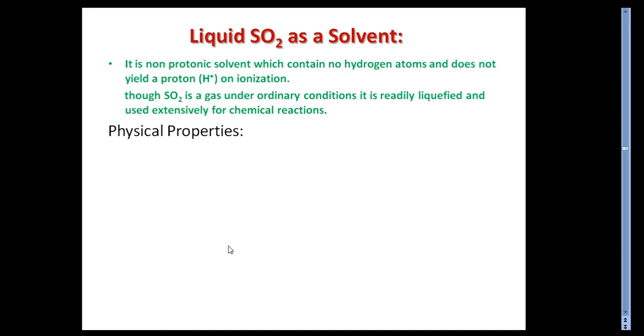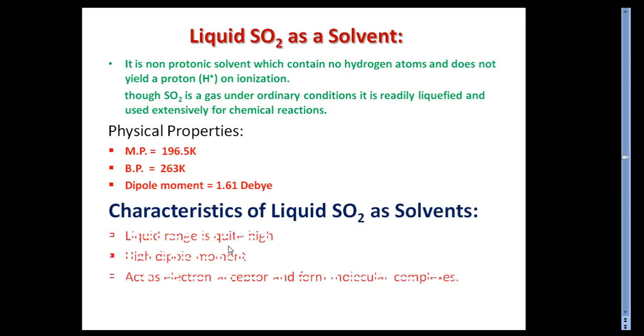Its physical properties are: melting point is around 196.5 Kelvin, boiling point is 263 Kelvin, and its dipole moment is 1.61 D. Some important characteristic properties of liquid SO2 as a solvent: first, the liquid range is very high, and due to this liquid range it can work as a good solvent.